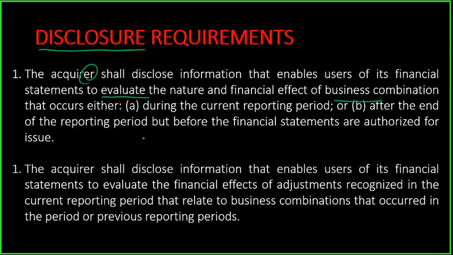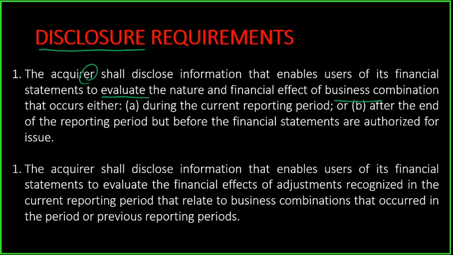Maybe you can disclose the business combination agreement. How did you obtain control? Or what are the considerations given up? Even your contingent considerations have to be disclosed in our financial statements.